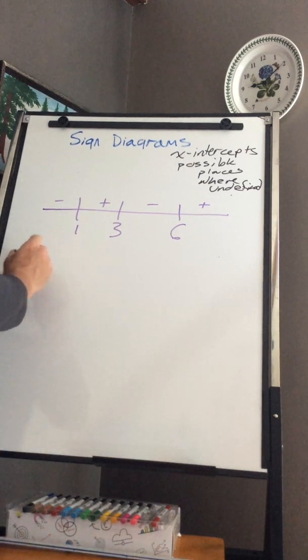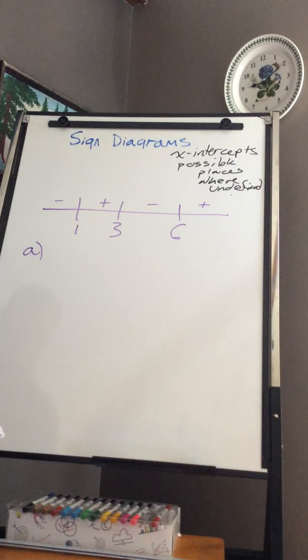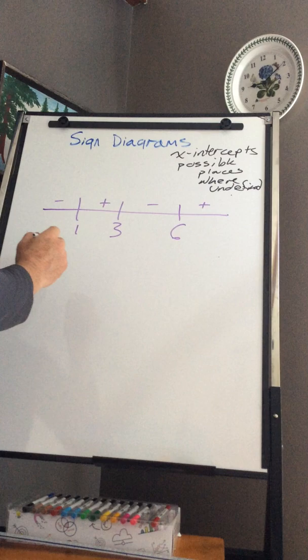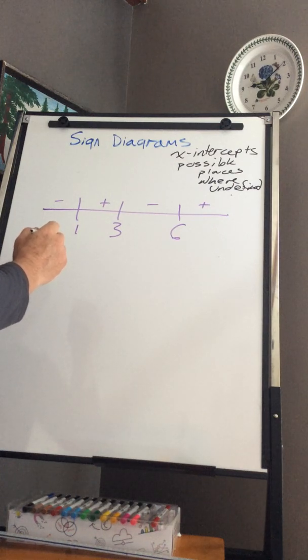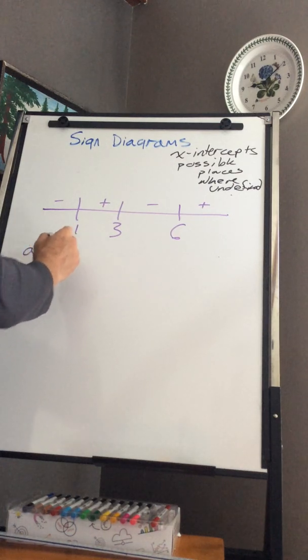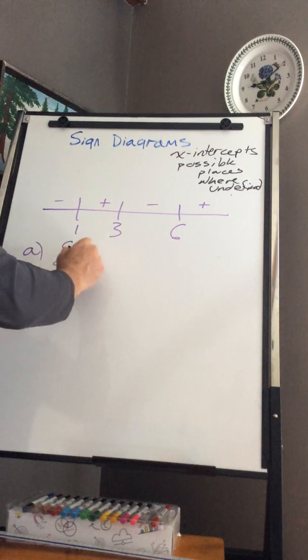So, where is the function greater than 0? What notation did they want? Interval notation. So, we're talking about x.